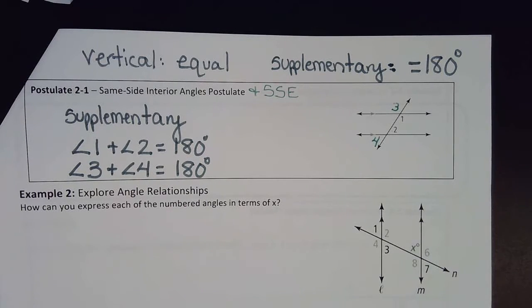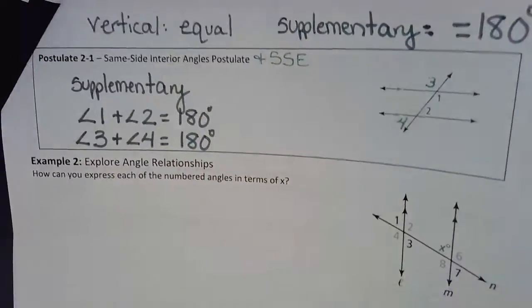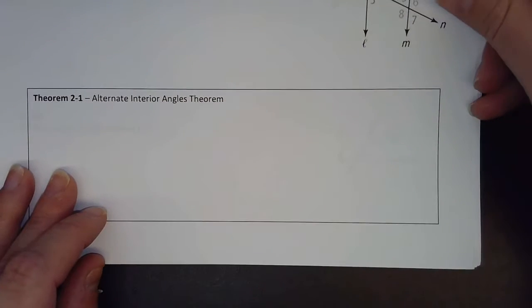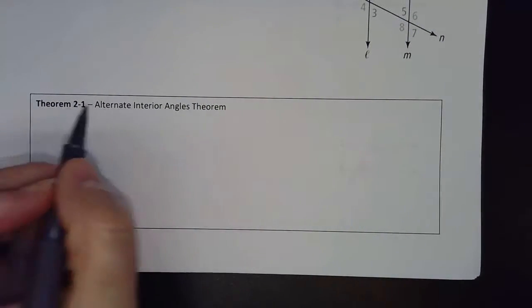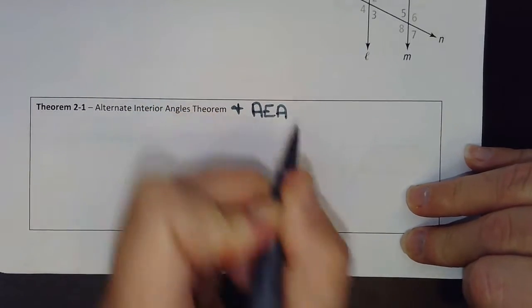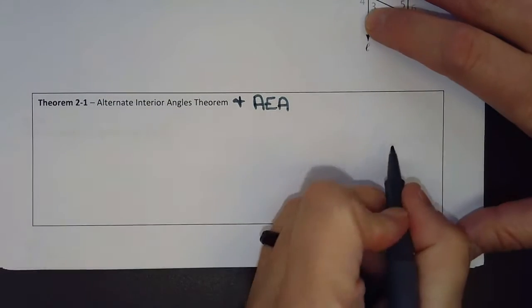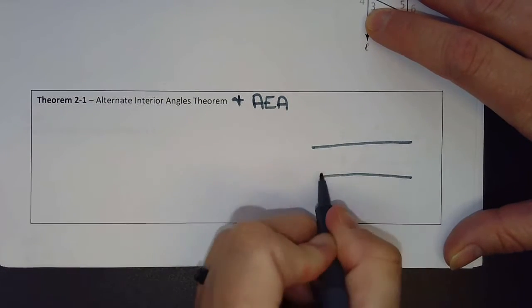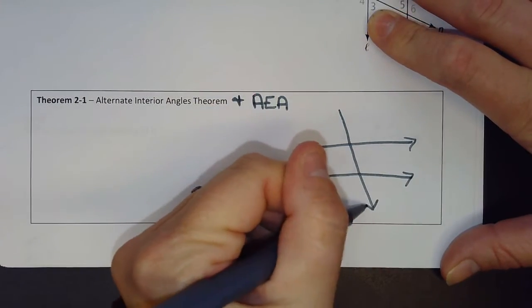So keeping that in mind, we're going to skip over these examples and come back to them. We're going to drop down here to alternate interior angles. So alternate interiors and alternate exterior angles, they have the same relationship. Let's draw some alternate interiors and alternate exteriors so you have a nice little visual.